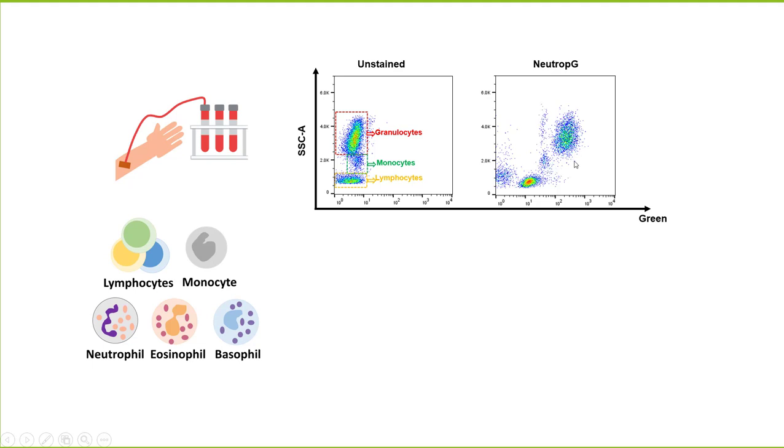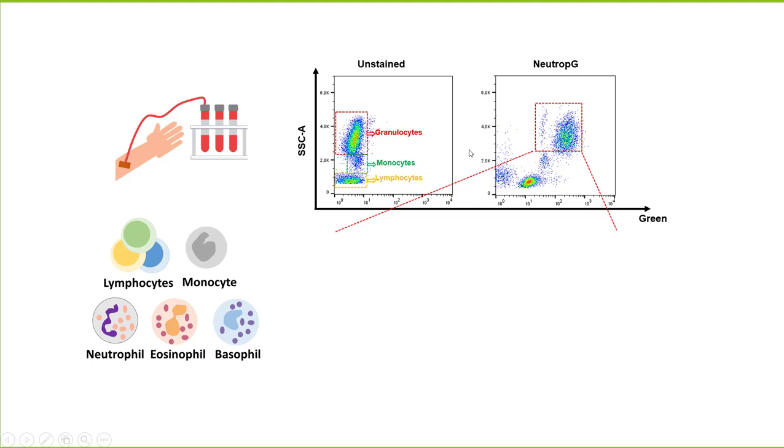I didn't tell you, but neutrophils occupy almost 80-90% of the whole population, and basophils and eosinophils are around a few percent. So we suspect this may be the neutrophil, and this may be either the eosinophil or basophil.